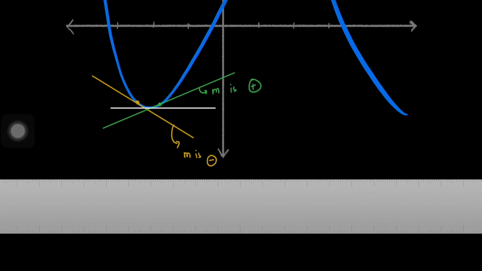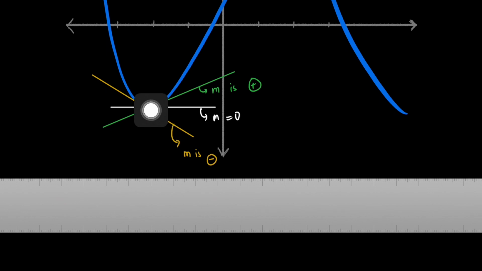And at this point, the slope is equal to 0. So if the slope is equal to 0, and we can interpret the slope as y prime, therefore, this point is the critical point.